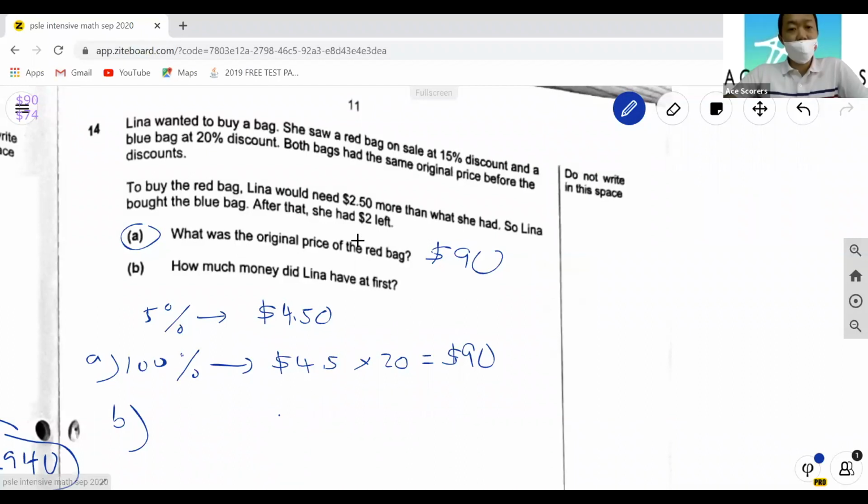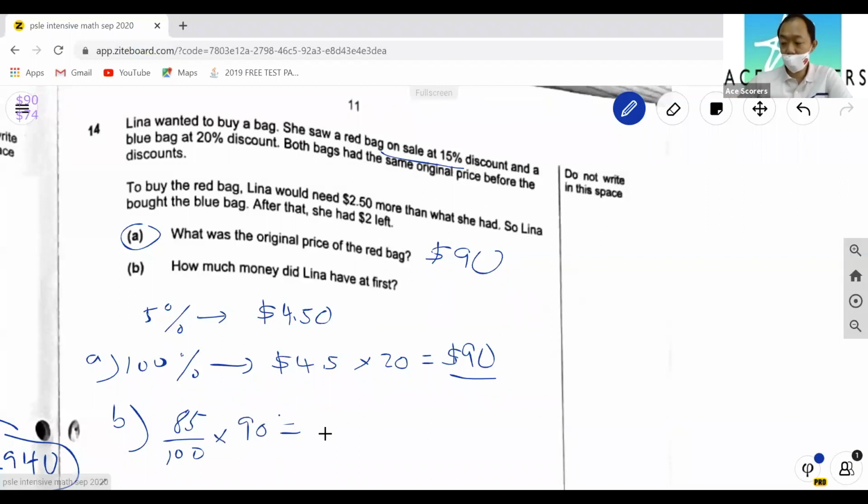Okay, let's go with the red bag. Since you got 90 here, this is the original price. The red bag was on sale at 15% discount, so you have to find how much she paid for this. You take 85 over 100 times 90.